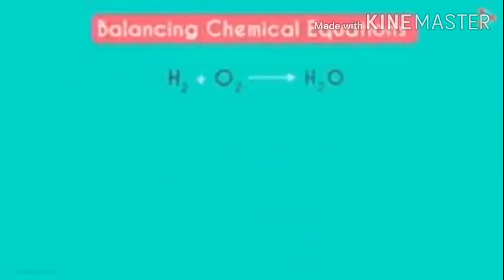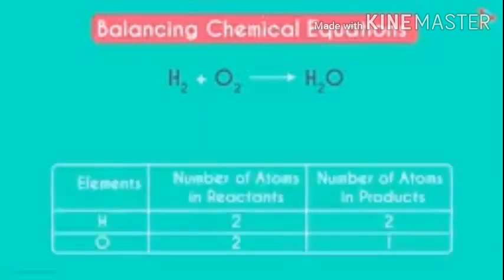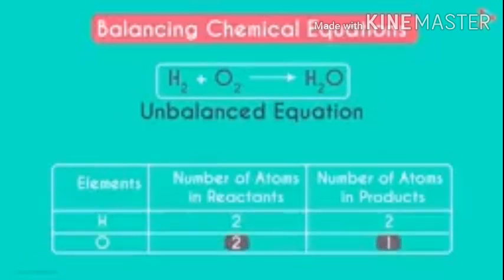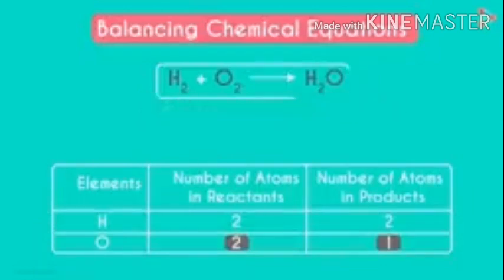Our next example is hydrogen H2 reacts with oxygen O2 to form water H2O. Now we will see why this chemical equation is unbalanced and exactly what we mean by the term unbalanced. The number of oxygen atoms on the left is not equal to the number of oxygen atoms on the right. The important question is, can we balance this equation?